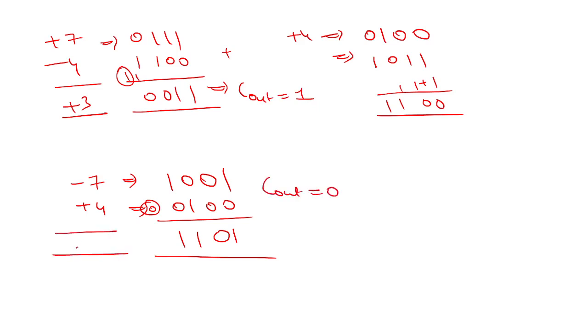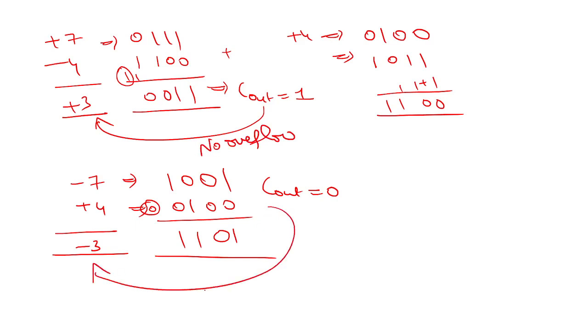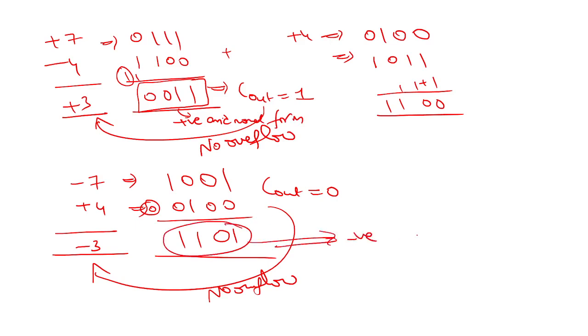We clearly know that when C out is 1, and of course no overflow, the result is going to be positive, in normal form. If C out is 0, then the result is negative. Since it is negative, it is in 2's complement form.